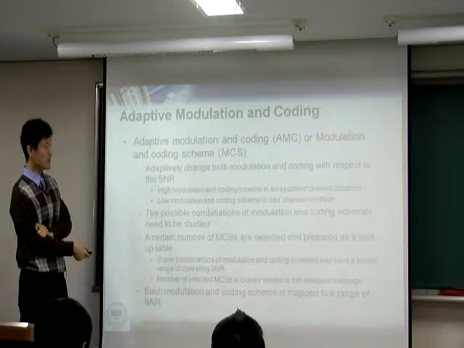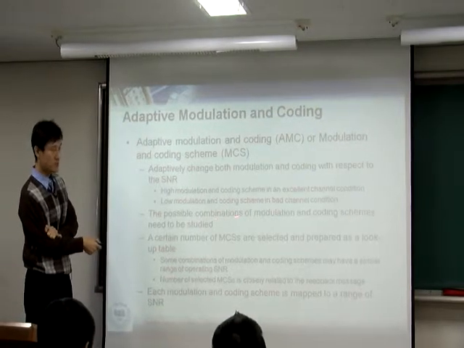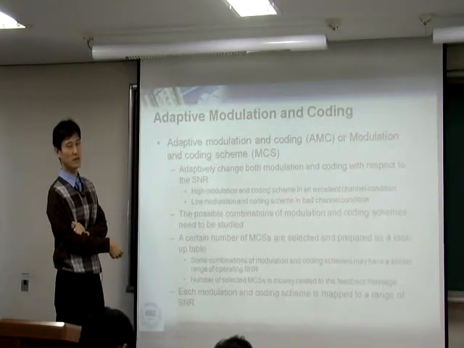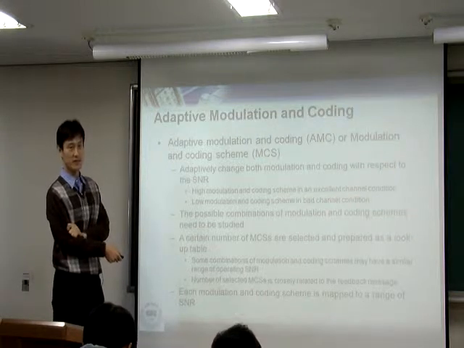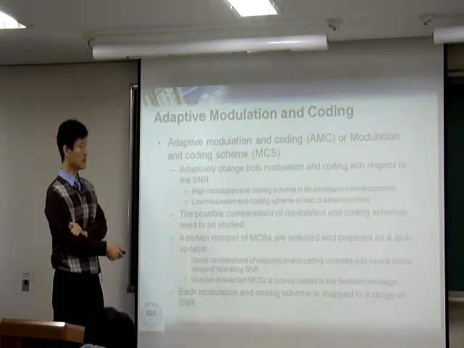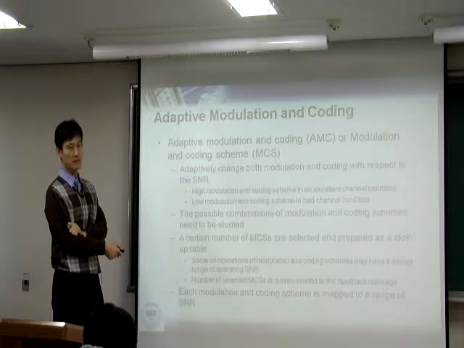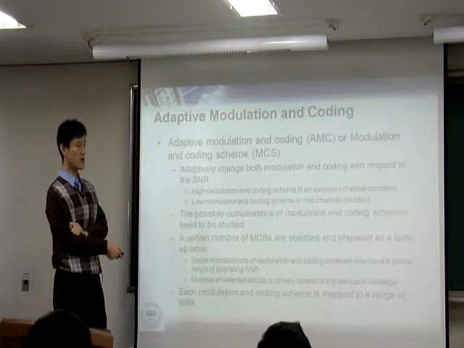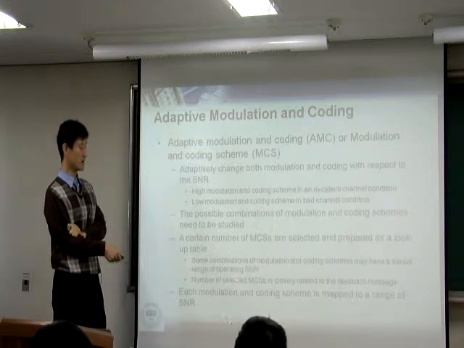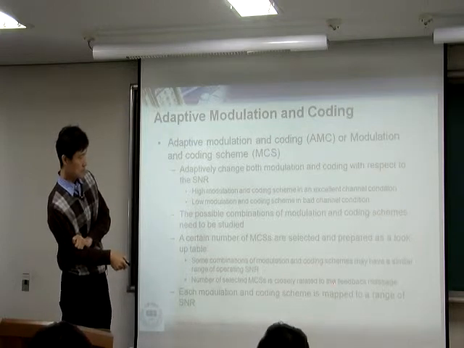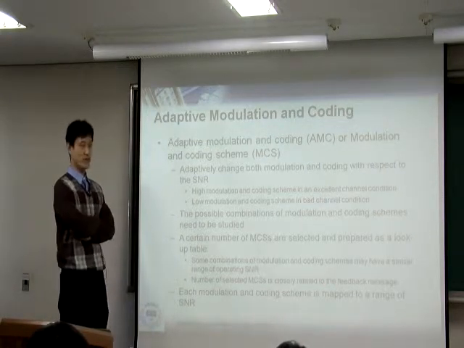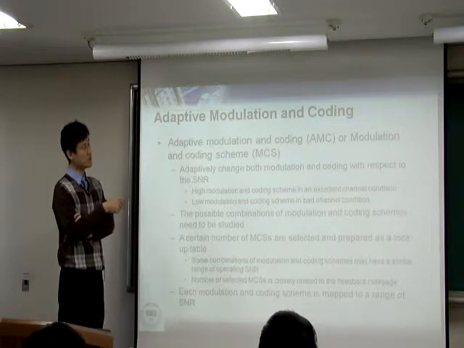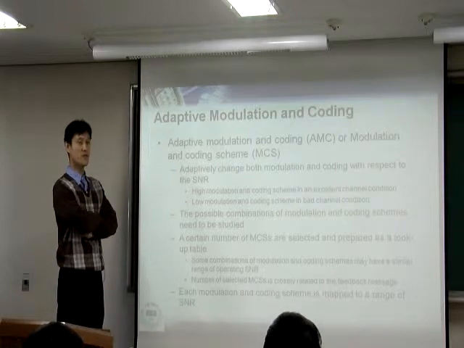Another thing to decide is that we can think about so many combinations. So how many MCSs, how many combinations are necessary? That also has to be decided, but it cannot be random. It has to be decided based on some other factor, for example, the feedback message. Why is this related to the feedback message? Because in order to do this modulation and coding, we need feedback.